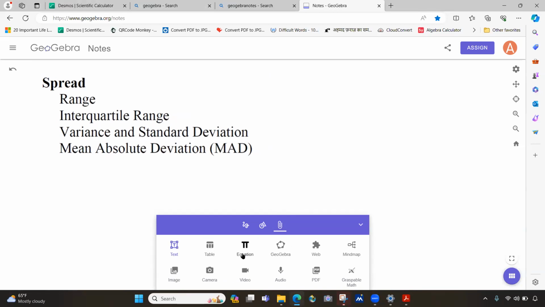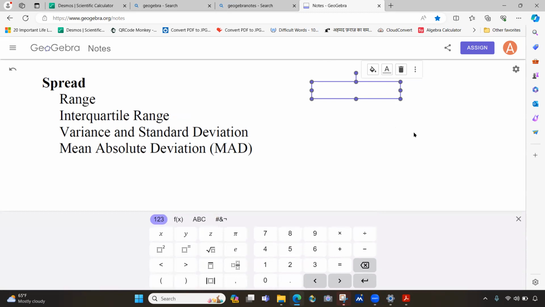So let's have two data sets. The first one is 7, 11, and 15.